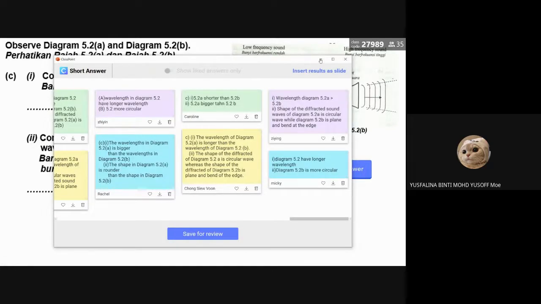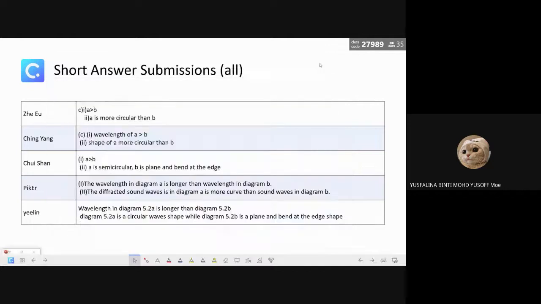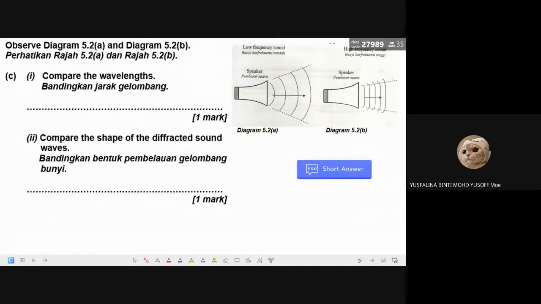Okay, so let's check your answer. Compare the wavelength. So here you can say the wavelength of 5.2a is higher than 5.2b. Compare the shape of the diffracted sound wave. The diagram 5.2a is more circular.